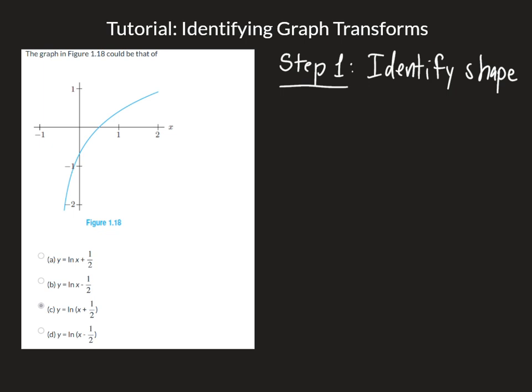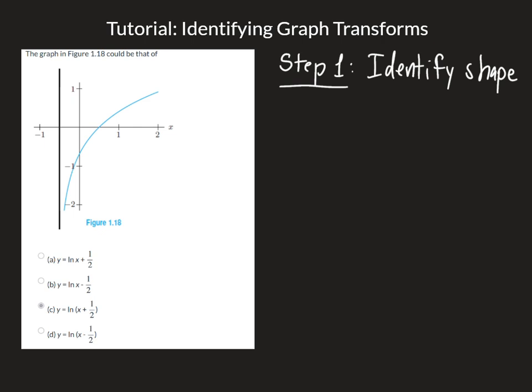Now, this obviously requires you to remember roughly what the more important functions we've gone over in this class look like, what their graphs look like. Looking at this, you notice that this is a function that has what appears to be a vertical asymptote along this line right here, and it looks like it's just going to keep going upwards like this.